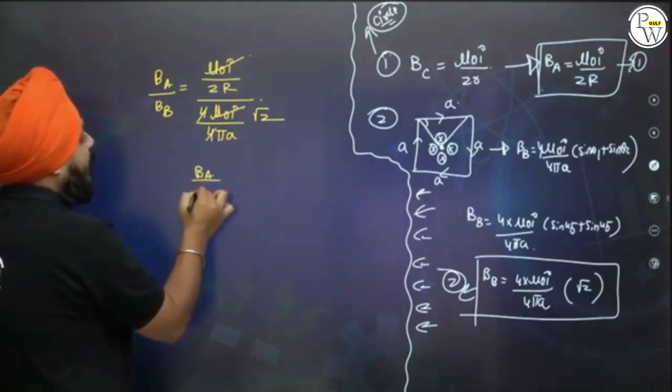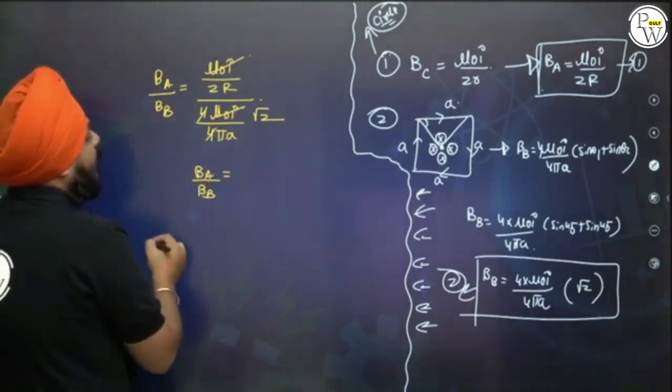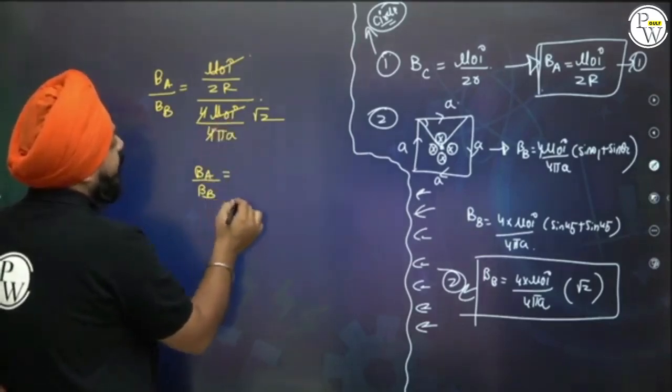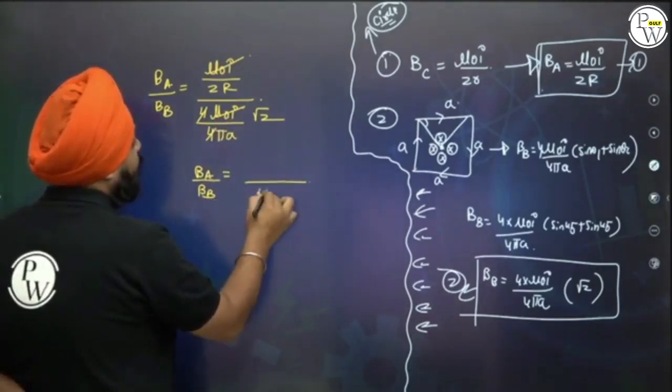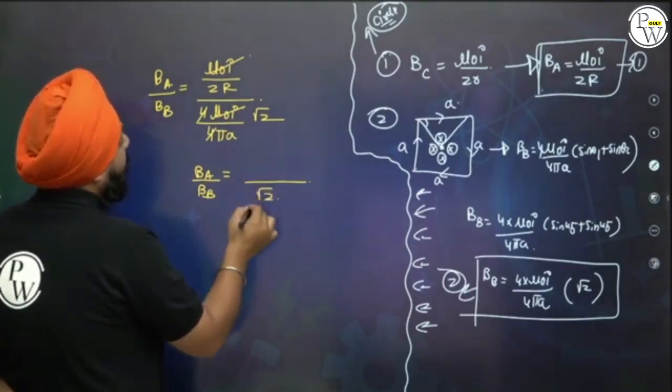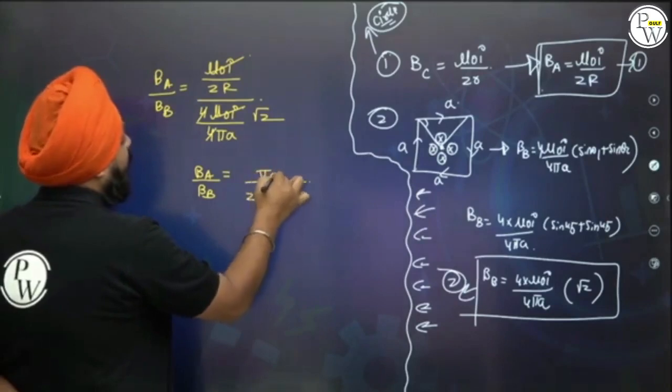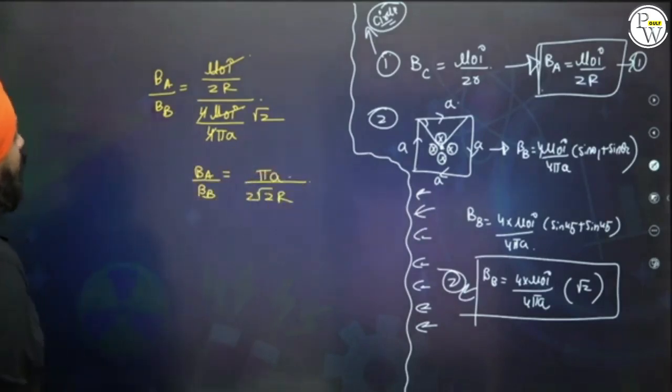So B1 by B2 is going to be, this is root 2, 2 root 2 R into pi A.